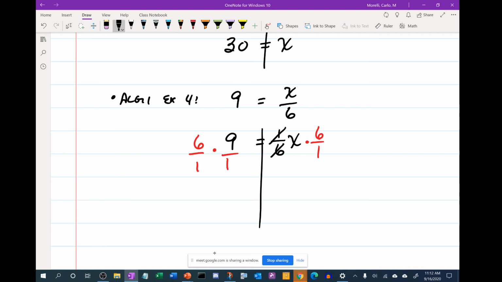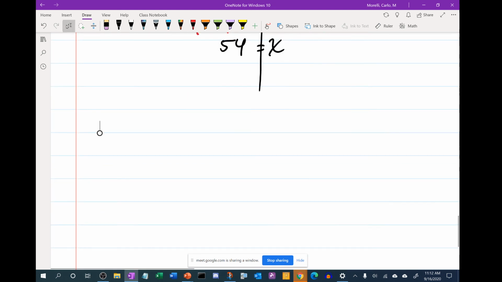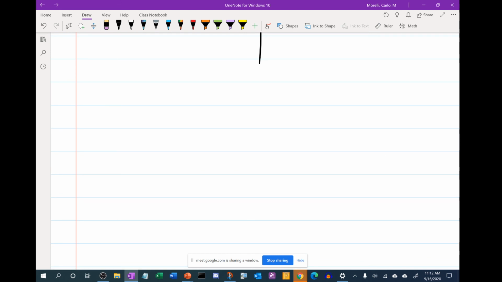Everything on the right side cancels except the letter. X equals 54.